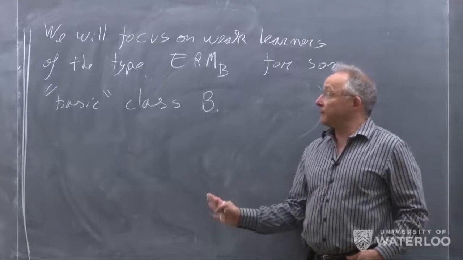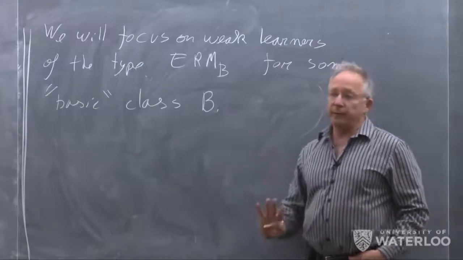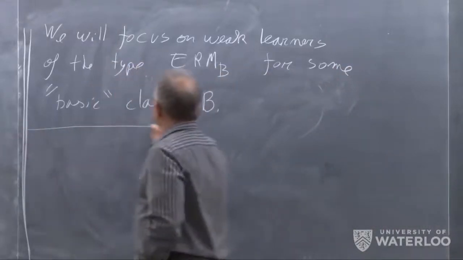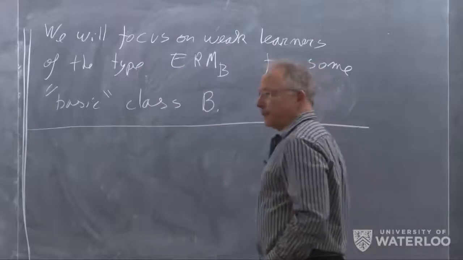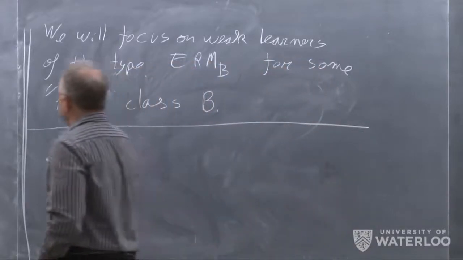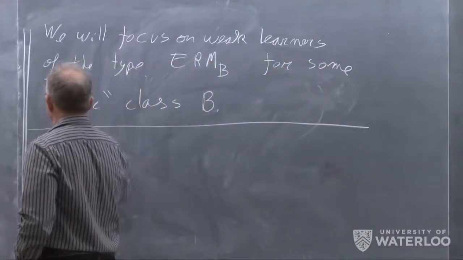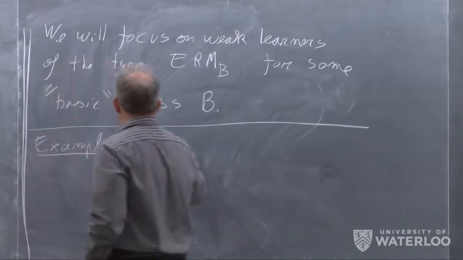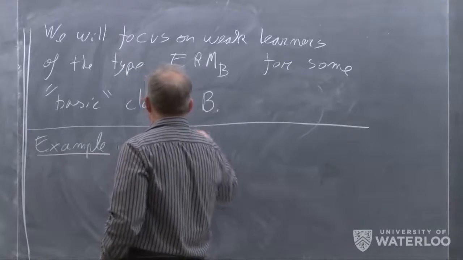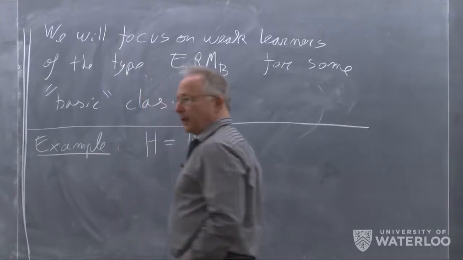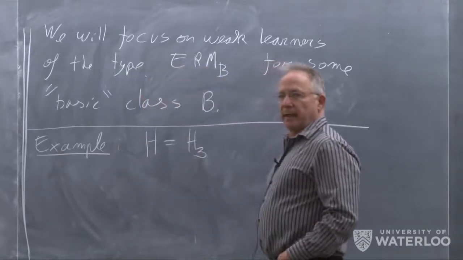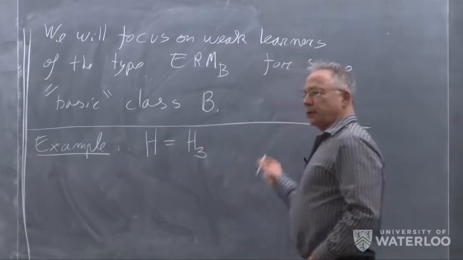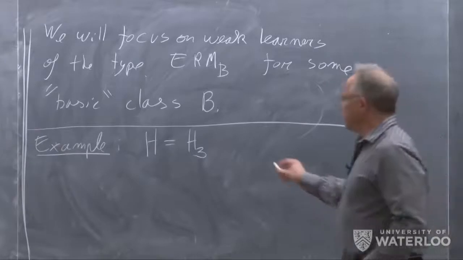But we haven't seen the boosting algorithm yet, so what have we seen so far? We've only seen one example. Here H was the class H3 over R, which was the class of all functions that are just a partitioning of the real line into three segments.